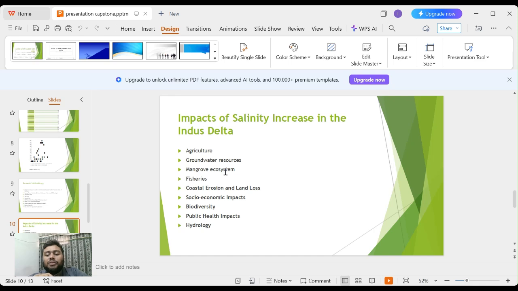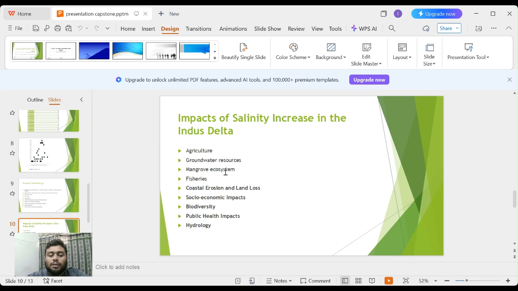Next are impacts on biodiversity. Increasing salinity has altered the biodiversity of the delta. Impacts include reduction of freshwater wetlands, loss of aquatic habitats, decline of freshwater flora and fauna, changes in bird migratory habitats, and reduced ecosystem productivity. The biodiversity has been impacted due to the salinity of the freshwater.